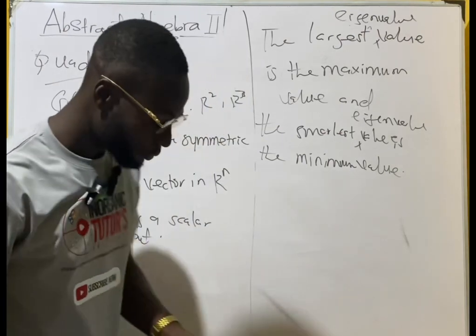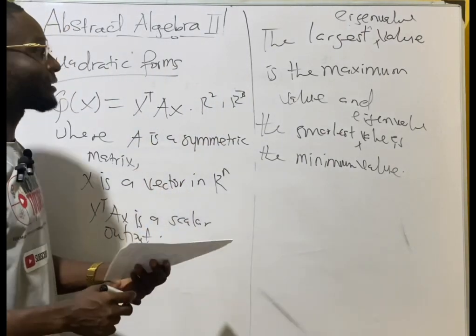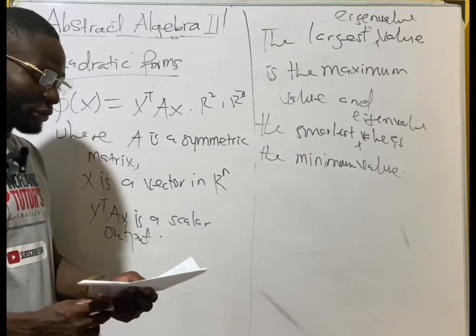So a constraint adds a restriction on x.